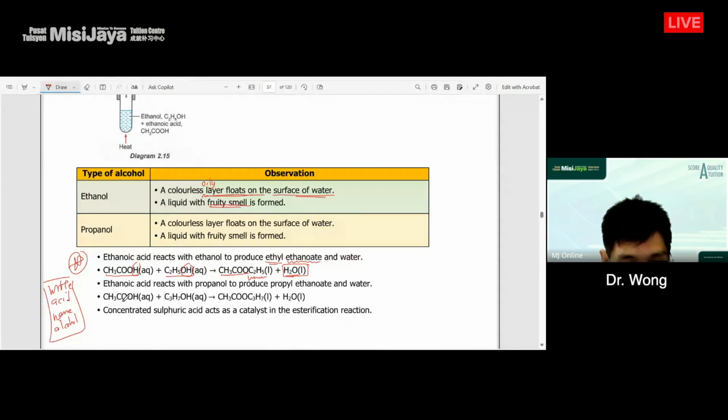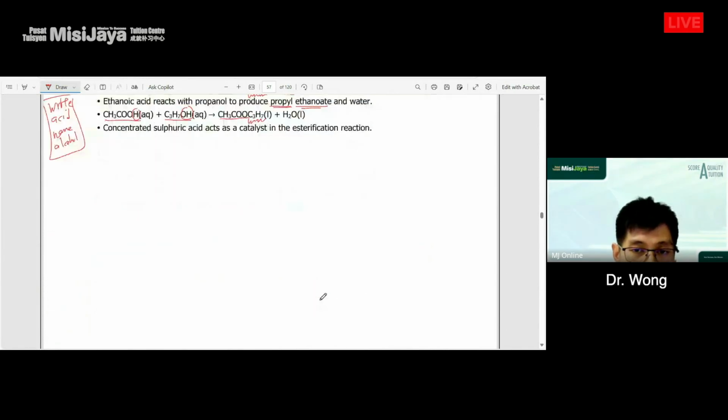Okay, so again, write acid first, followed by alcohol, write acid, and then take out this one, and join with C3H7. How to name? Name this first. 3 carbon is propyl, and ethanoate. Propyl ethanoate and water.